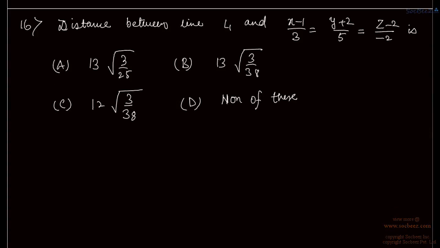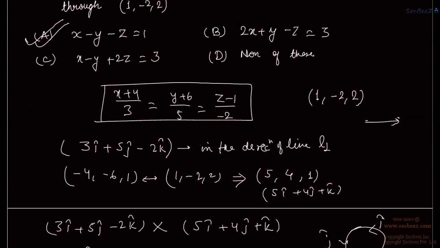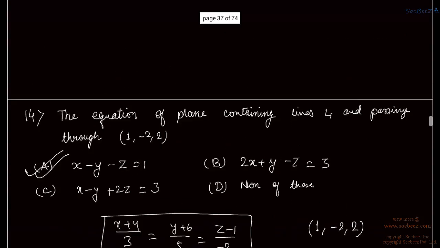Now question number 16. Distance between line L1 and this given line x minus 1 upon 3 is equal to y plus 2 upon 5 is equal to z minus 2 upon minus 2. So first we have to see what is the equation of line L1. Equation of line L1 is x plus 4 upon 3, right?